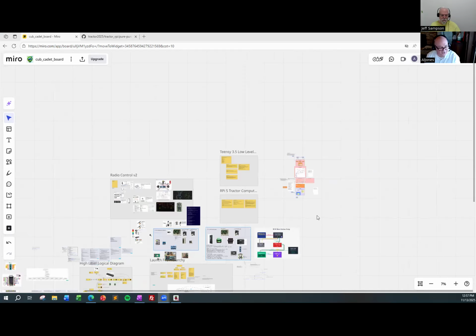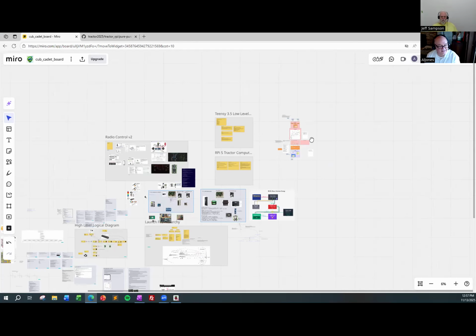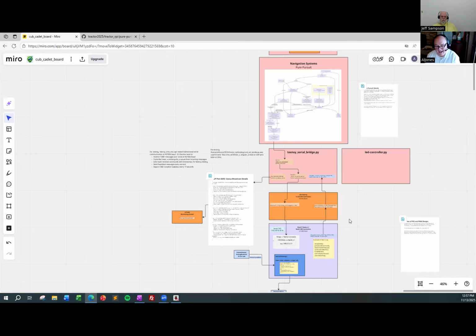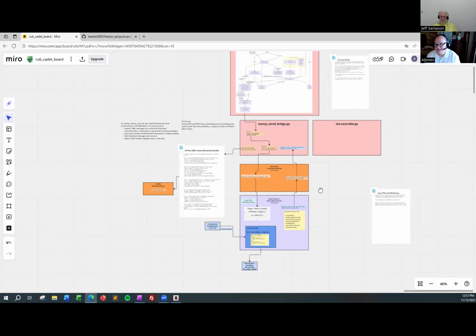So this is still my Miro board, where consider it my attic of documentation, and that gives you the right frame of mind on how well I've structured it.